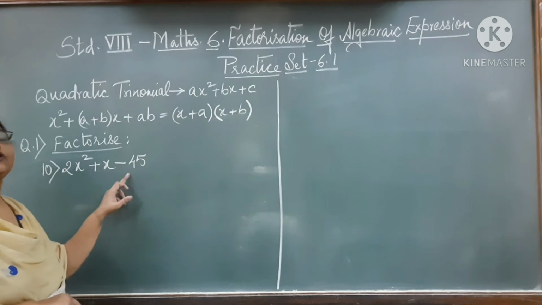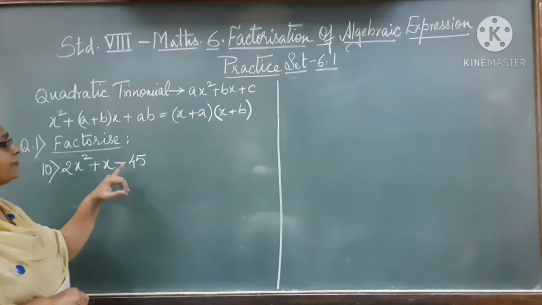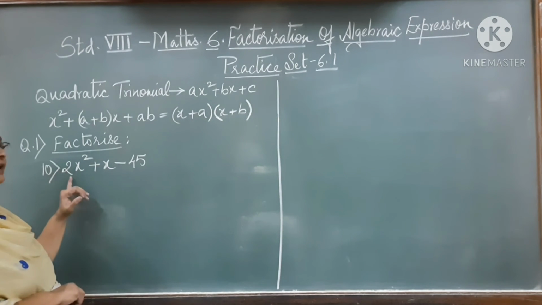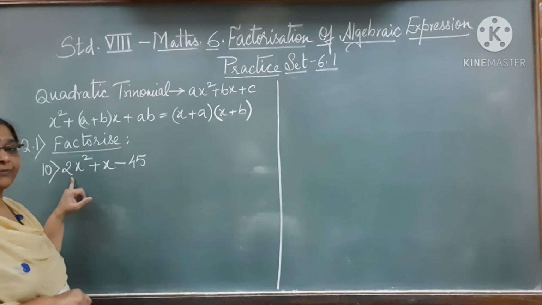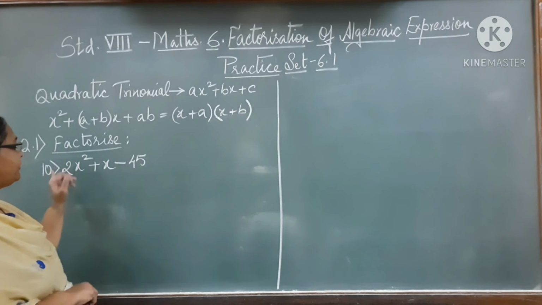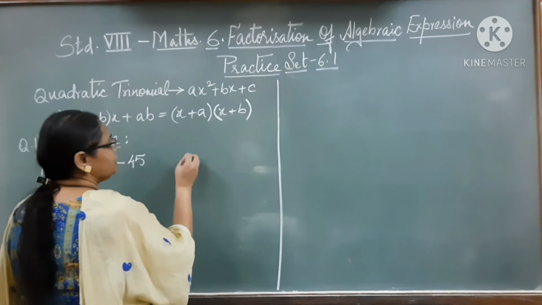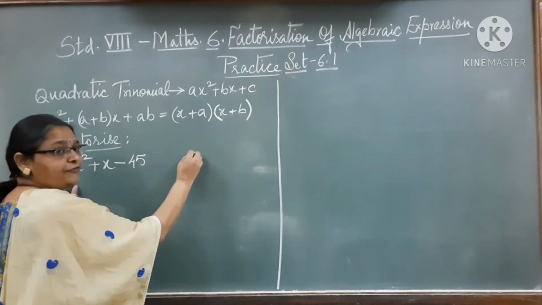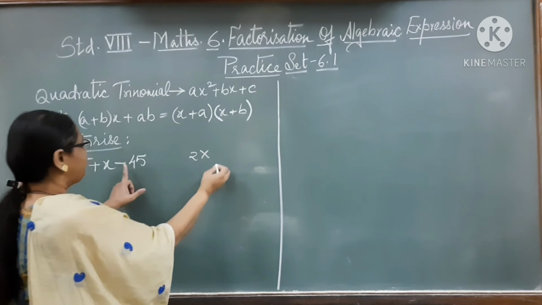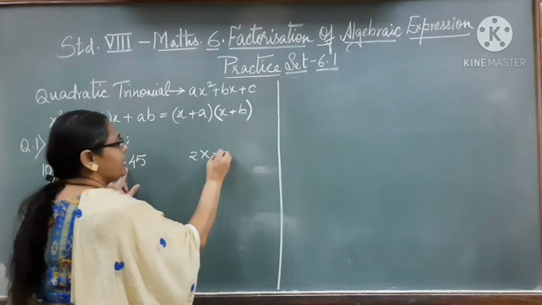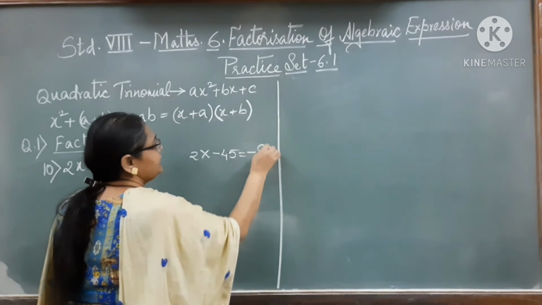Now here, to begin with, let us find the product of 45 into the coefficient of the first term 2. So 45 into 2, we will have to find the product first. Let me take the coefficient of the first term 2 multiplied by 45 with the negative sign, so minus 45, that is equal to minus 90.